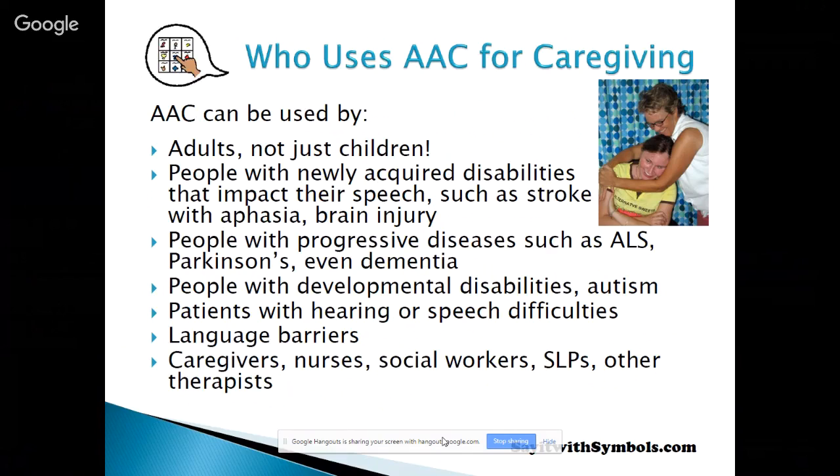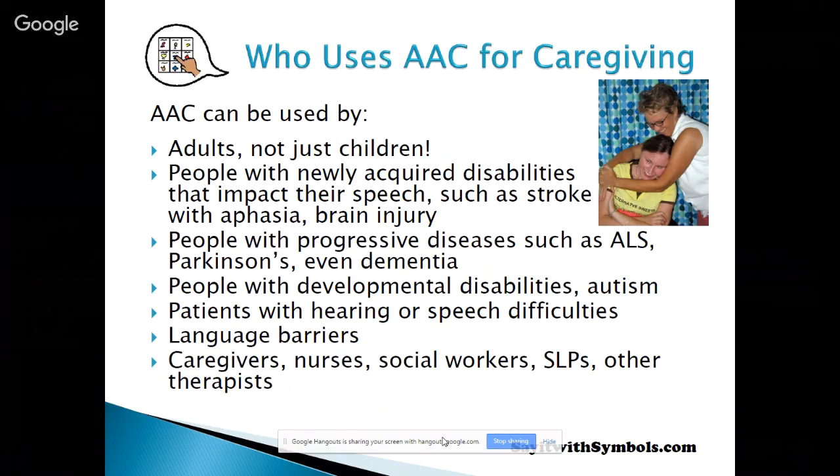I always recommend that people consult with their speech and language pathologist if they have any questions about the person's cognitive ability, their ability to read, their ability to discern pictures and symbols. If they have access challenges, sometimes an OT can help with that.